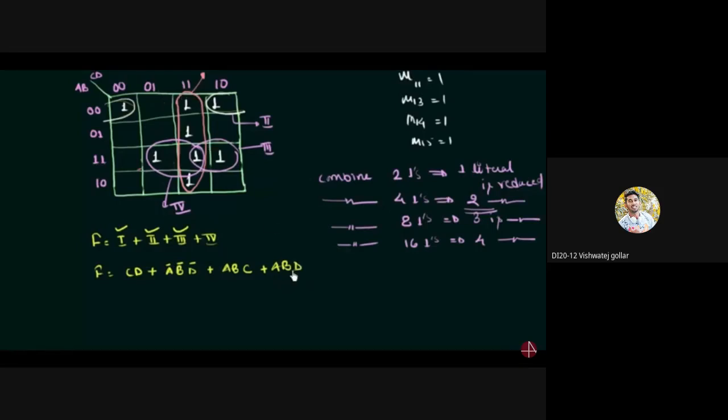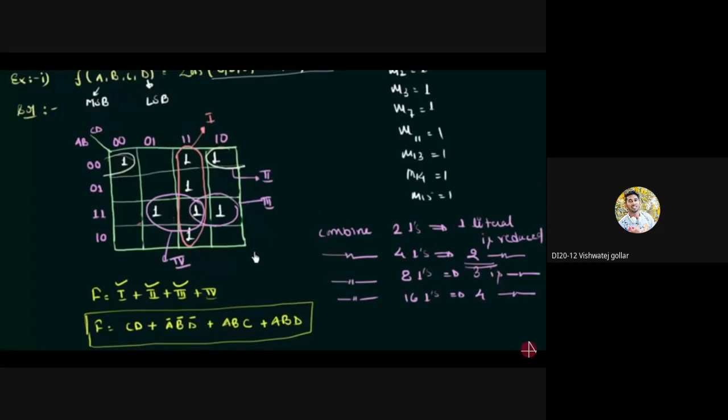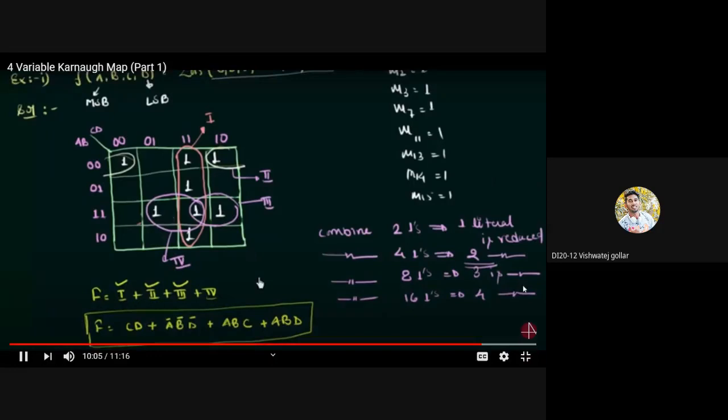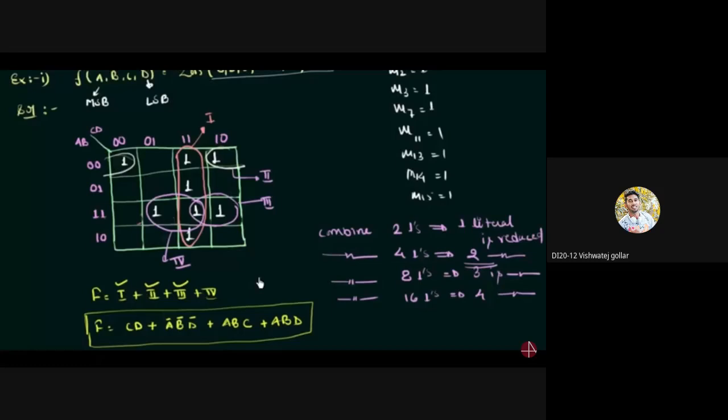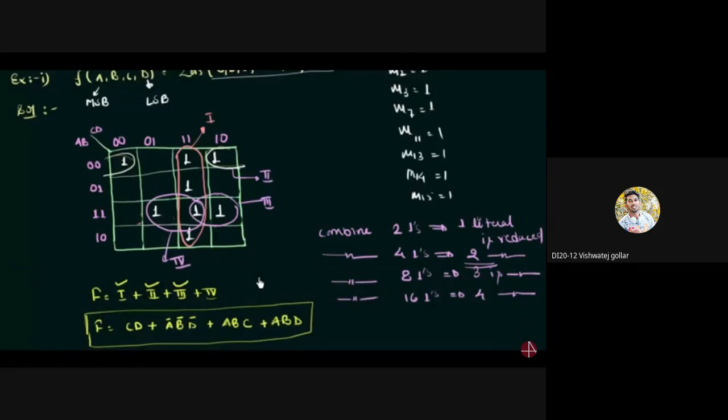So we'll neglect C and write D. So this is the reduced form of the function that we have just obtained from the K-map, and most probably you now know how to draw a 16 cell K-map for 4 variables, fill in the values given in the question, then pair them up and write it in the reduced form.